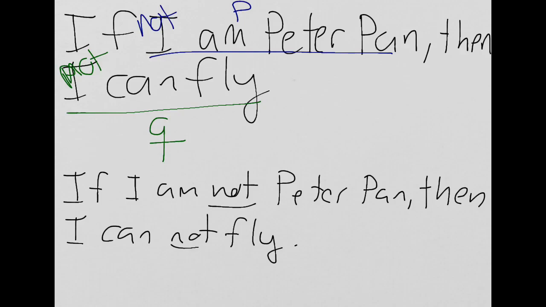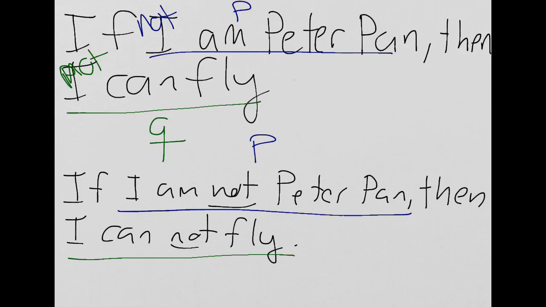So all I did was, this was my P, this was my hypothesis, this was my Q, this was my conclusion, and all I did was add in not to both my hypothesis and my conclusion, and I have created the inverse.